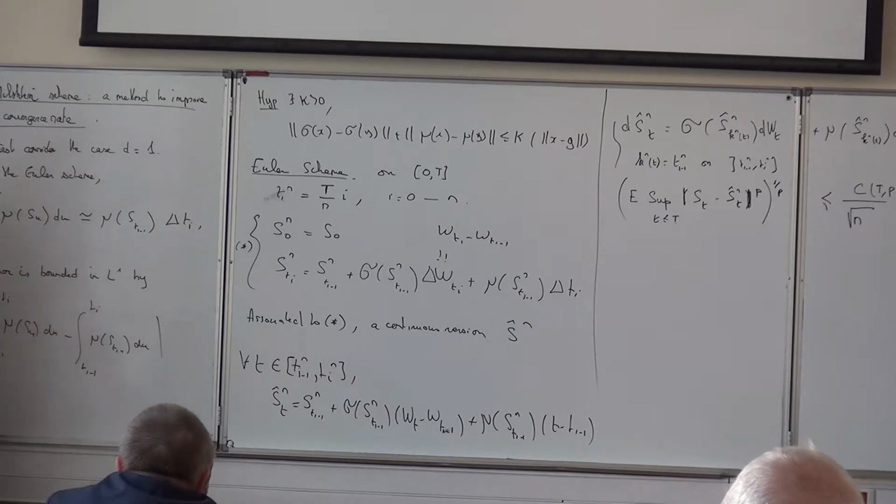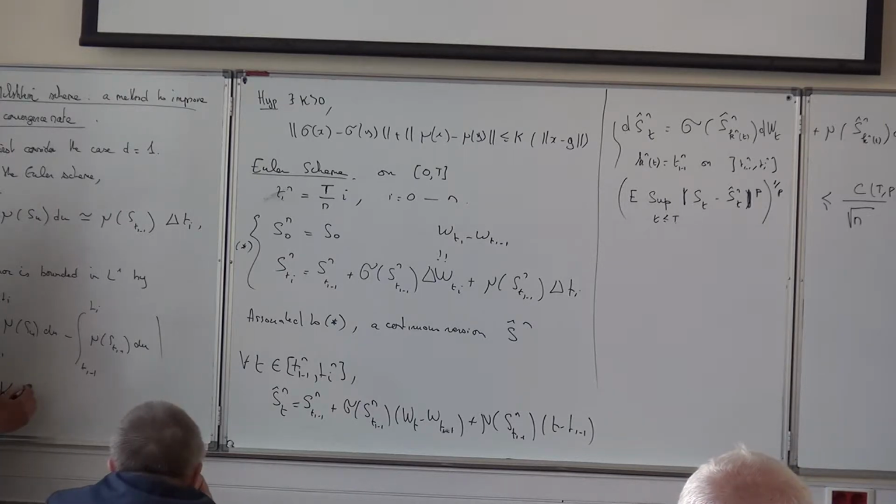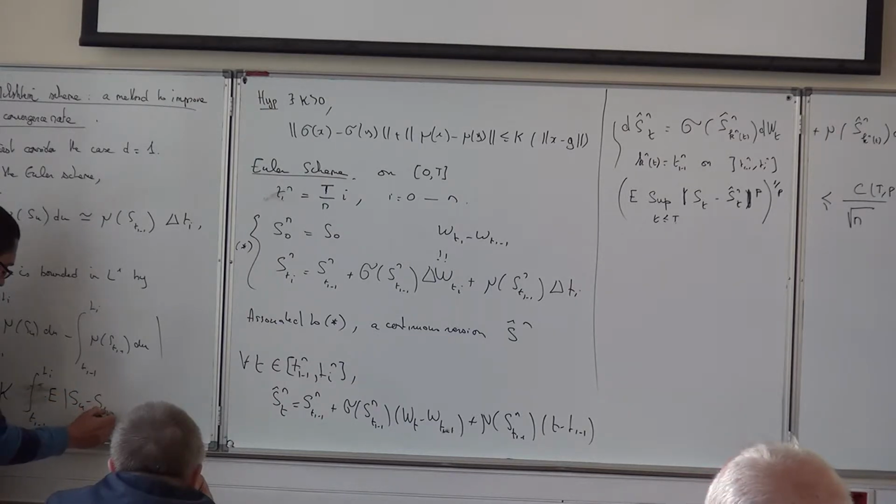Okay, so using the fact that mu is Lipschitz, you get that this is less than some constant, say K, times delta t, just one more step, the integral from t_{i-1} to t_i of the expectation of the absolute value of S_u minus S_{t_{i-1}}, du.